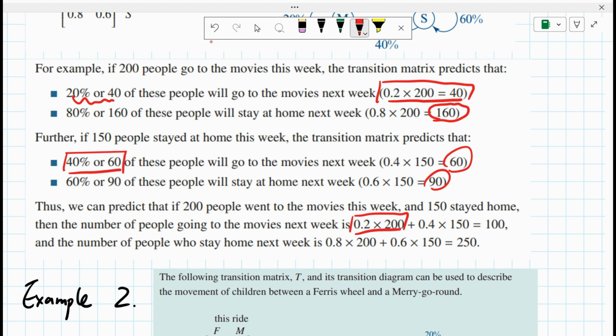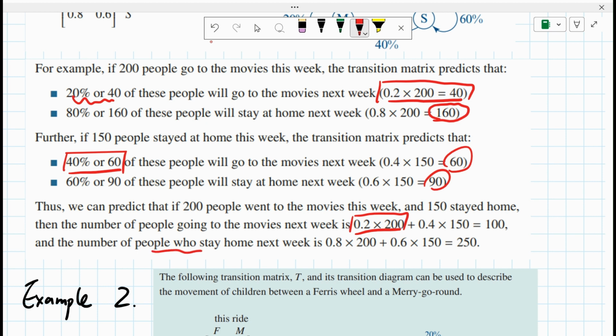We add them together because there are two different groups of people, and they go different ways, so that's how that works.